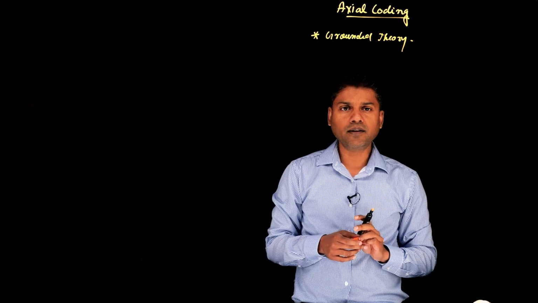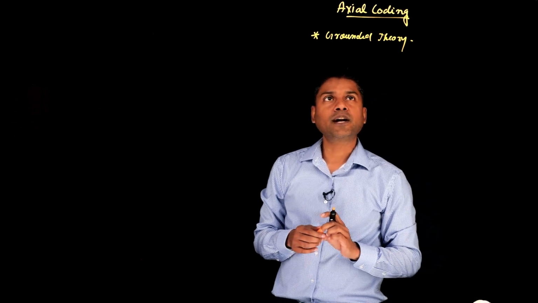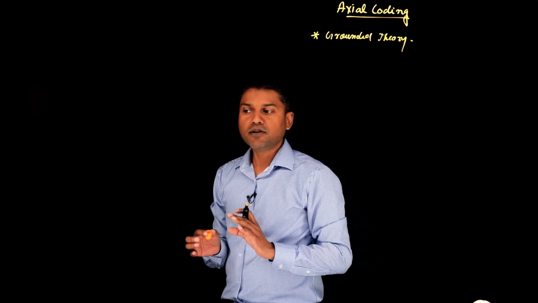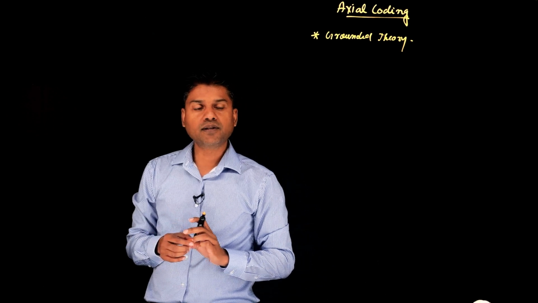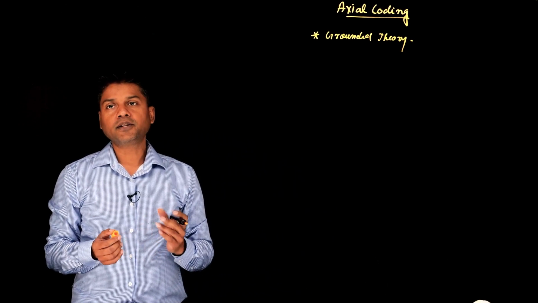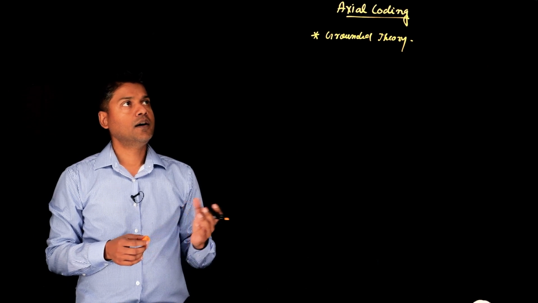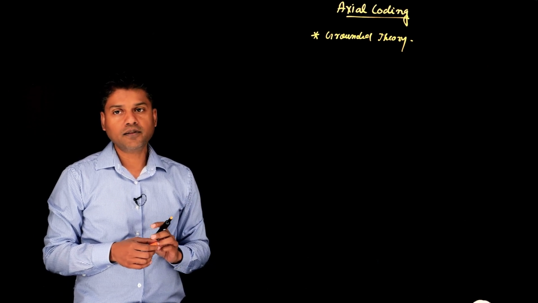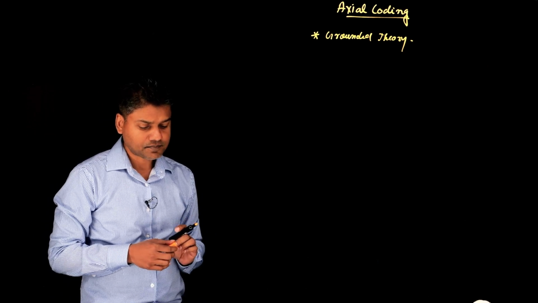Axial coding is primarily used in grounded theory, but it doesn't mean only grounded theorists can use it. Depending on your research goals, any qualitative researcher can incorporate axial coding in their data analysis process.